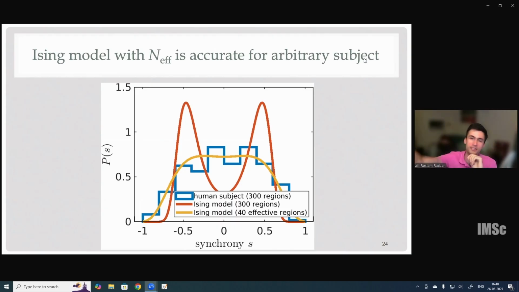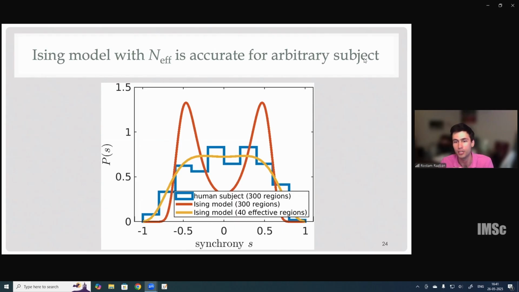What if that's not the case? What if the Ising model requires its own special atlas? We didn't actually calculate what that atlas is, but we just said, what would that number possibly be? What if we tune that number of regions?